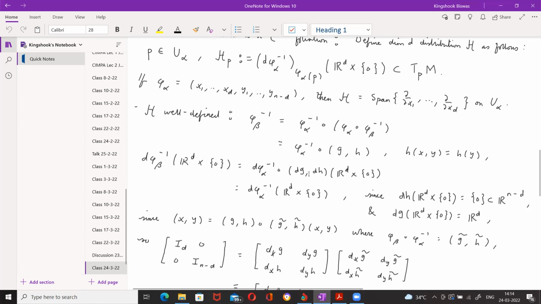What will this dG dH applied to R^d cross 0 give? Let's look at the y component first. dH applied to R^d cross 0 will be 0, because H is a function only of y, and here we're taking tangent vectors which are tangent to the x direction. So the y component is 0. Is that clear?